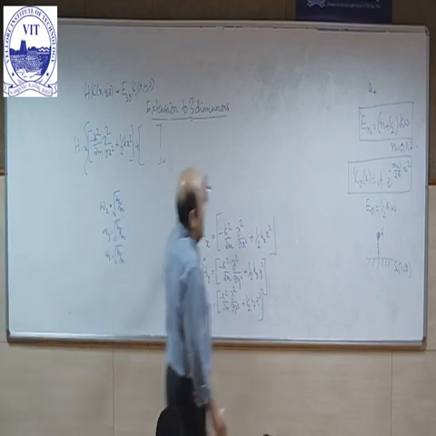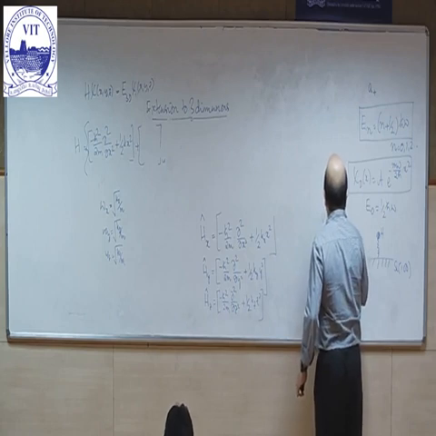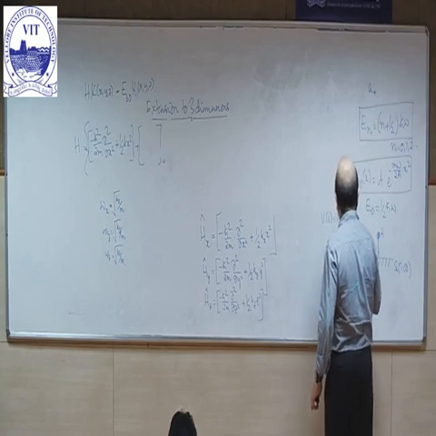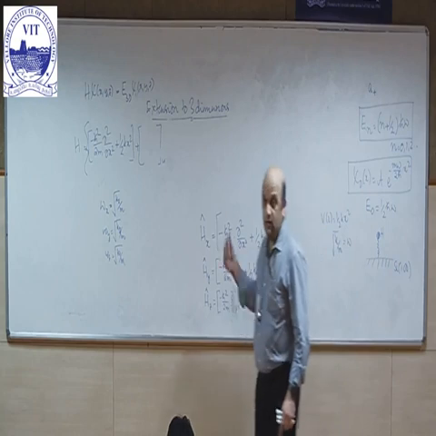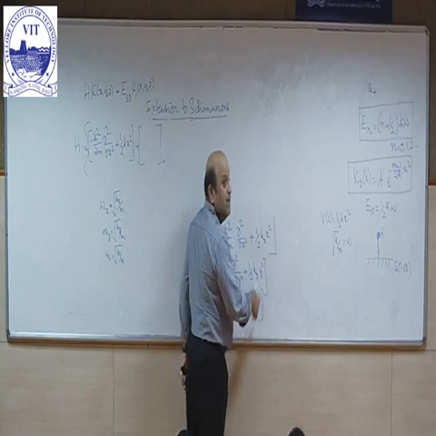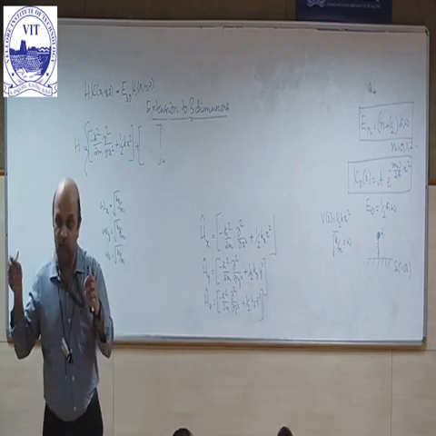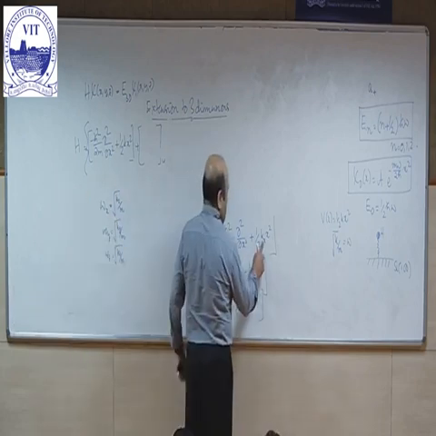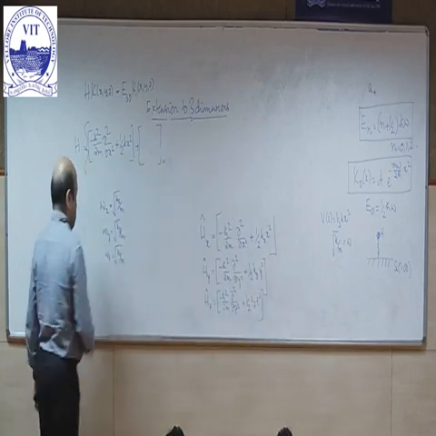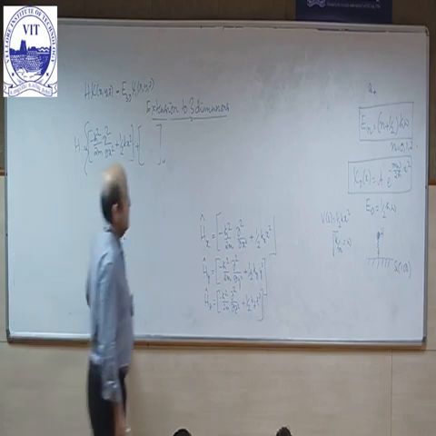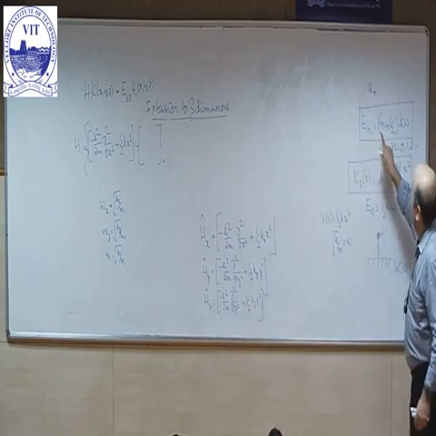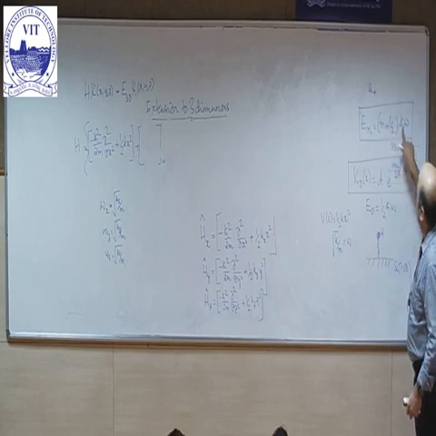If V of x is half kx squared, then the frequency of oscillation is the square root of k by m. So if you can resolve this potential energy into three components, we intentionally consider an anisotropic harmonic potential. That means this will have omega x, omega y, and omega z, given by these equations. So if you operate this on the wave function, you will get the energies En equal to n plus half times h cross omega x.